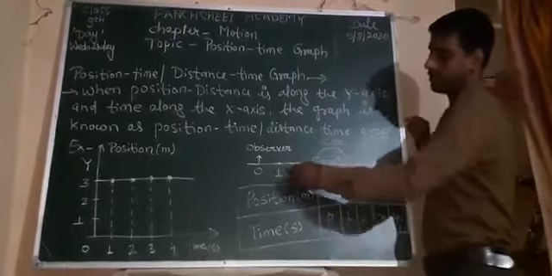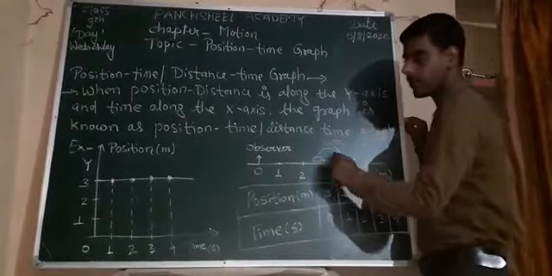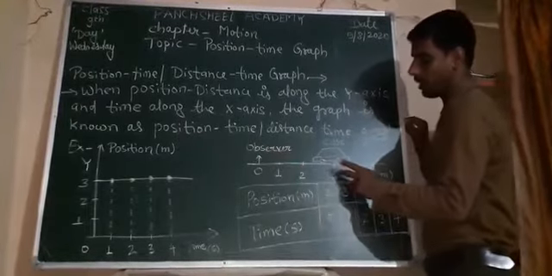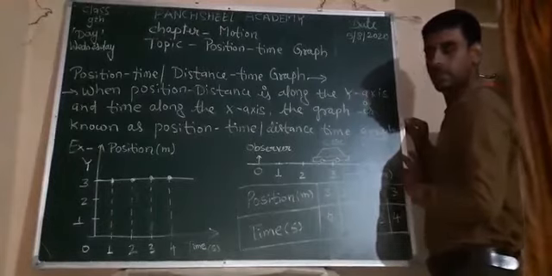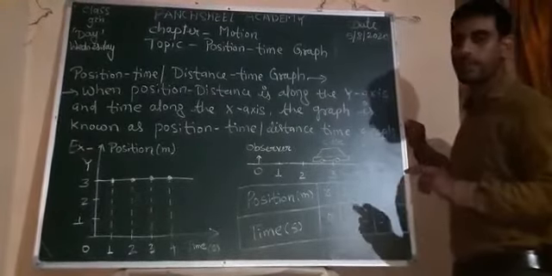This is the distance. So the car is at a 3-meter distance from the observer. This is 1 meter, 2 meter and 3 meter. So how to plot the graph?